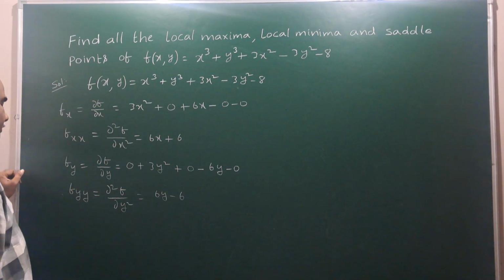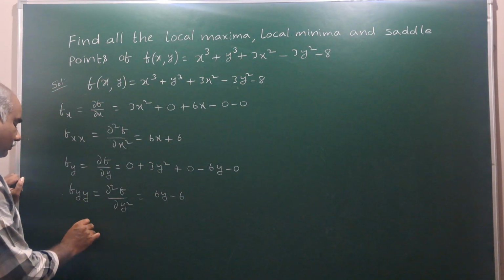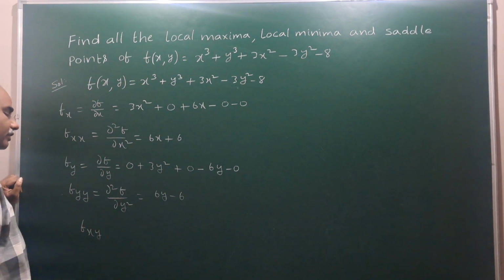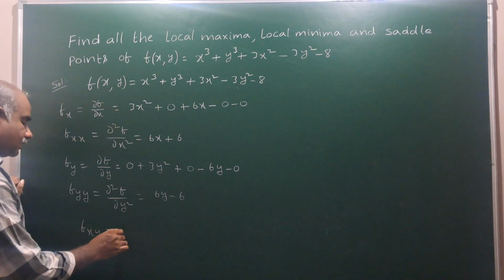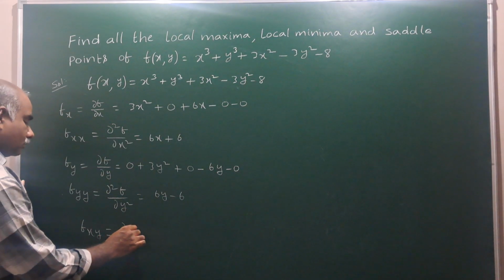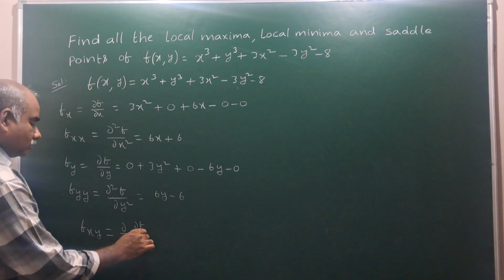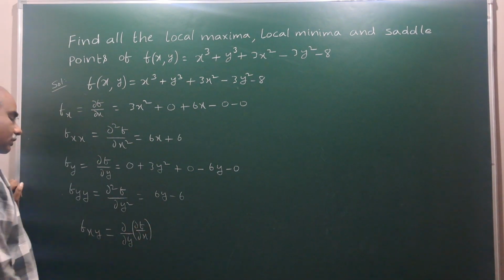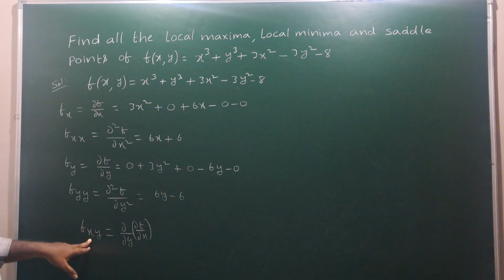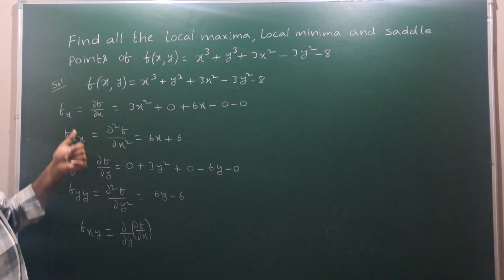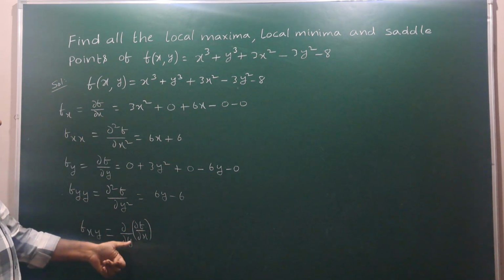Okay. Next we have to find fxy, which represents ∂/∂y of ∂f/∂x. Okay, fxy means it is like this: ∂/∂y of ∂f/∂x. That means we have to differentiate fx with respect to y.